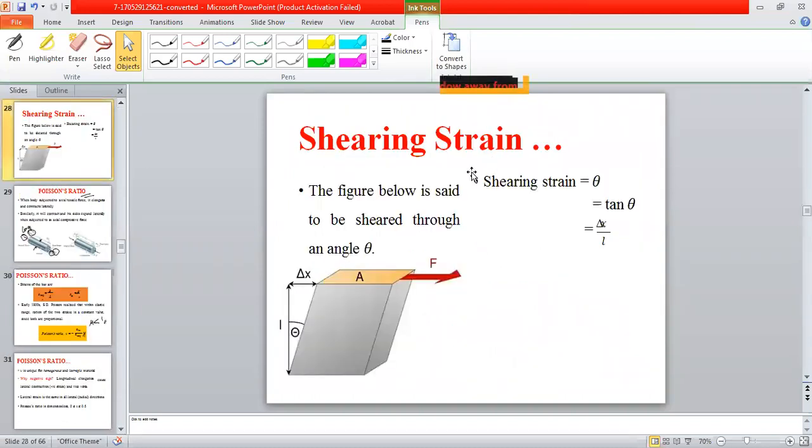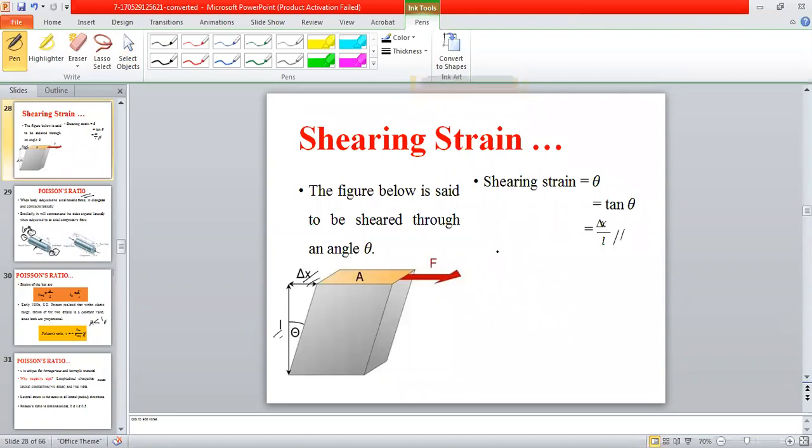The shear strain can be found by phi, which is nothing but theta, which is nothing but delta x by L, where delta x is the opposite side and L is the adjacent side, for tan theta, that is the angle applied here.